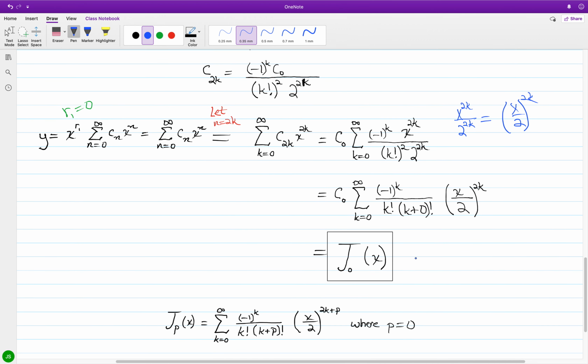If you notice, for this particular result, this is of the form where we had the Bessel function of order 0. Again, I have negative 1 to the k, k factorial, and you have k plus 0, thus the k factorial squared, and you have x over 2 to the 2k plus 0. So for this final result, you have the Bessel function of the first kind of order 0.